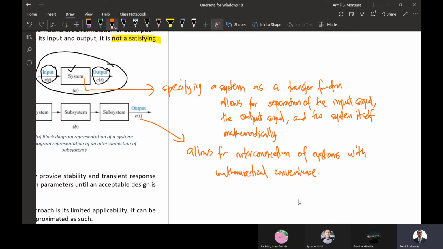So we will not develop a separate method in order to analyze systems that are interconnected. Okay? So those are the advantages of using the transfer function.